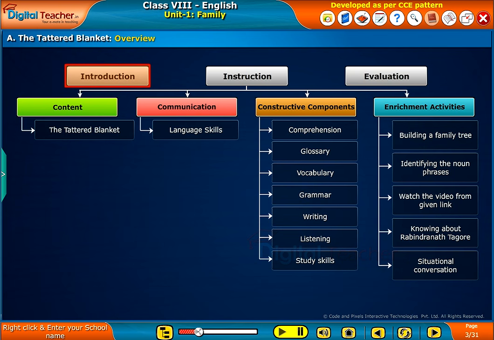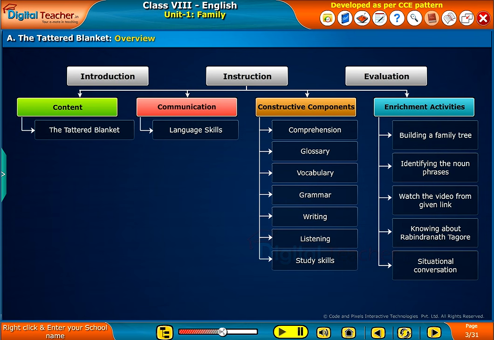The introduction section is meant to motivate the student to learn the lesson. The instruction section divides the contents of the lesson into four subsections. They are content, communication, constructive components, and enrichment activities.